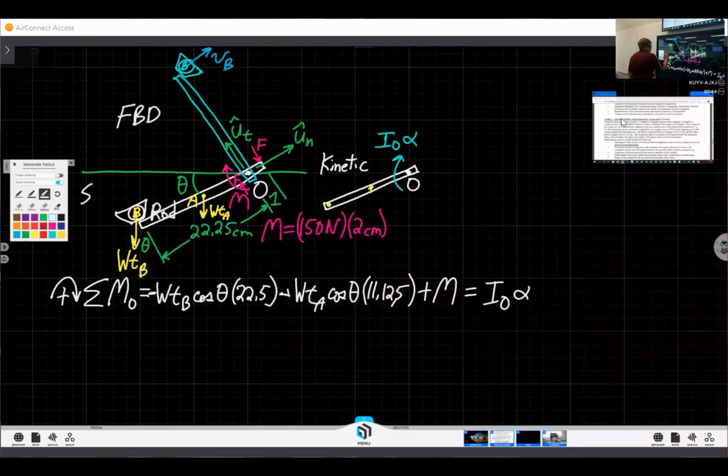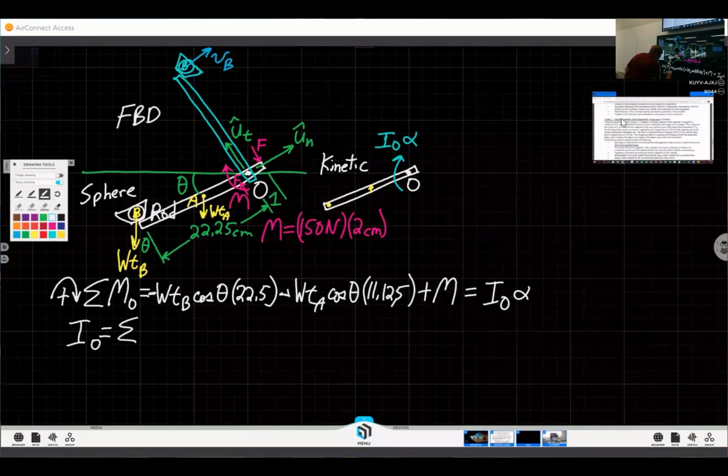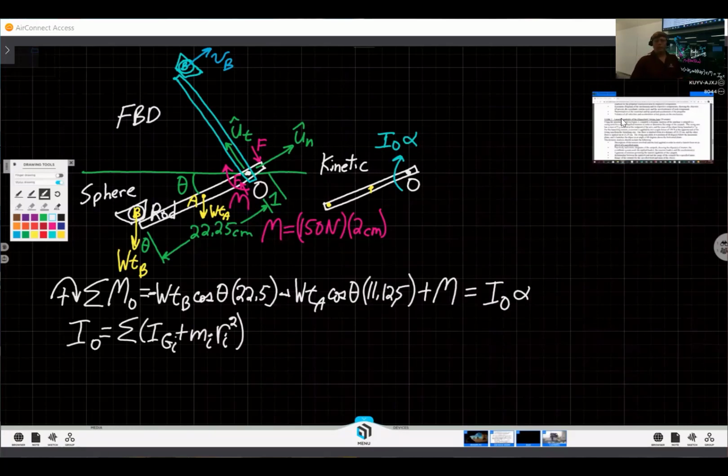Your ball, of course, is a sphere, but for our I_O, we're going to do the summation of our I's about G, the center of gravity for each of the objects, plus their mass times r squared. So maybe I should put I_G i, the mass of i, and the r of i squared. We're summing up those two objects.